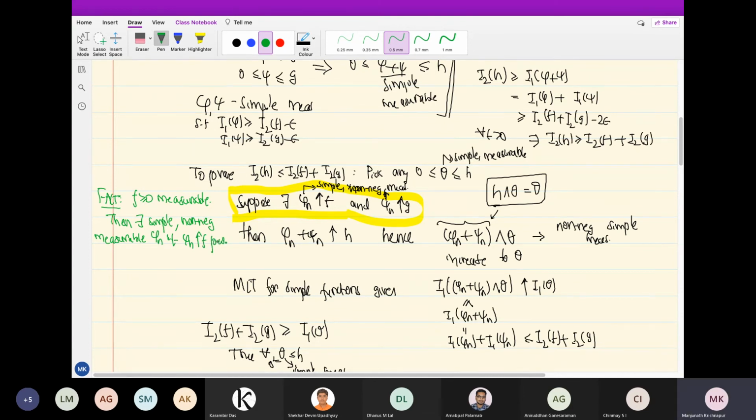If phi n's increase to f pointwise, this is the fact which implies this. But how do I prove that?